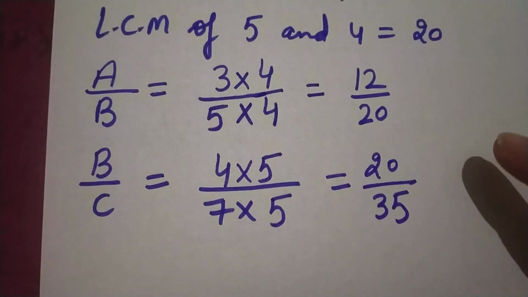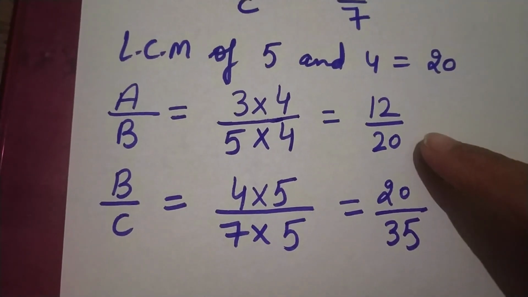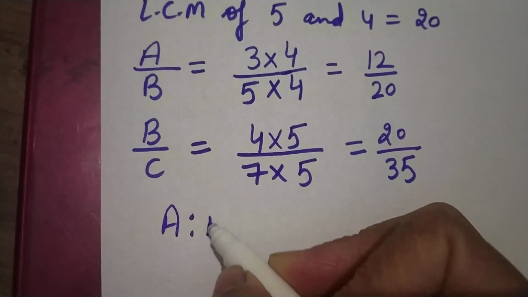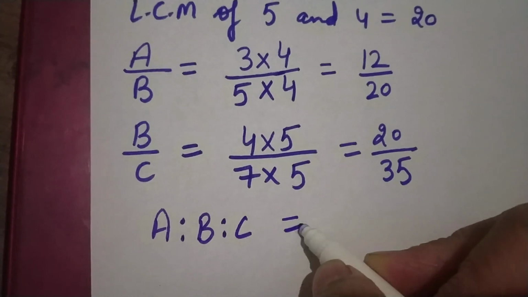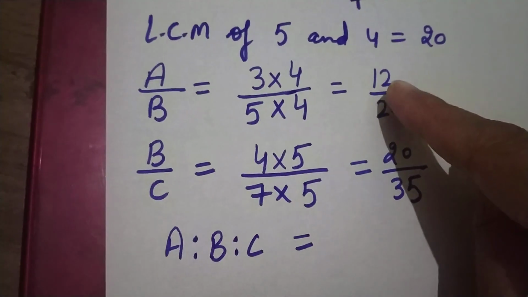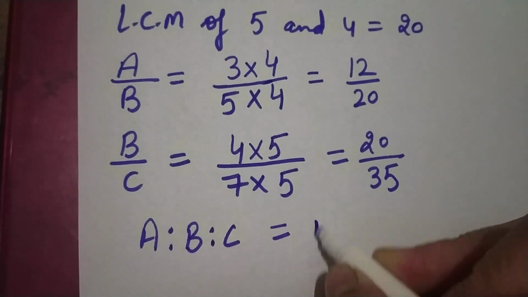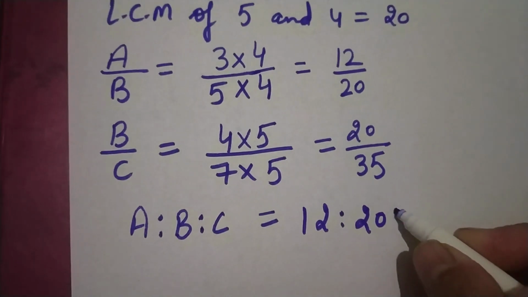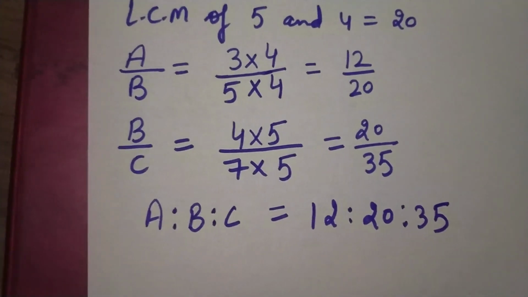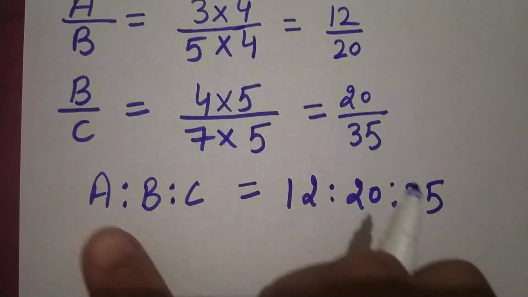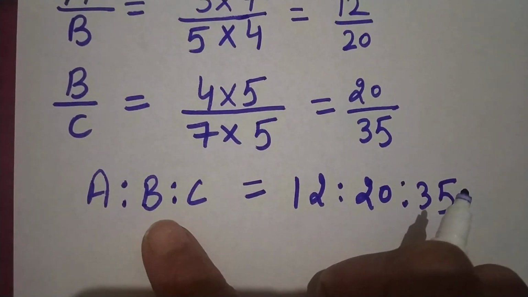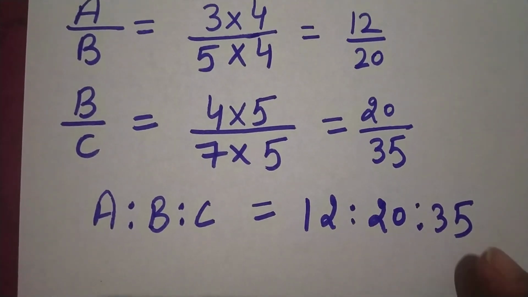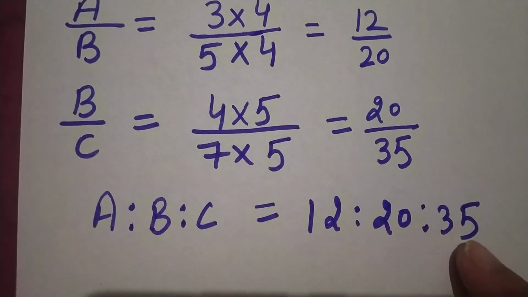Now we can see that the values of B in both the ratios are the same. Therefore A ratio B ratio C is equal to 12 ratio 20 ratio 35, since the value of A is 12 and the value of C is 35. In this way, we got the required ratio.